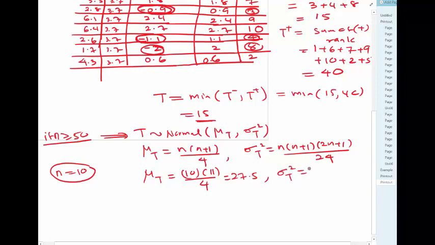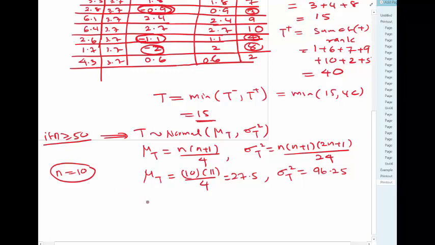That's going to be 96.25. Even though the sample size is 10 and we need more than 50, let's try to use the method and see how it works, so you can use it later when the sample size is more than 50.